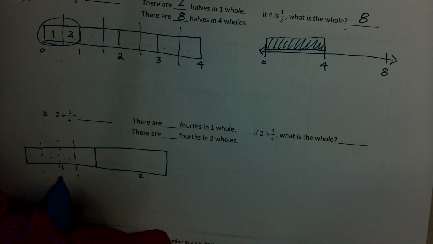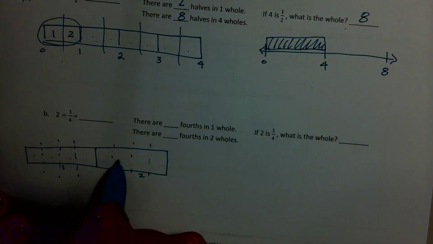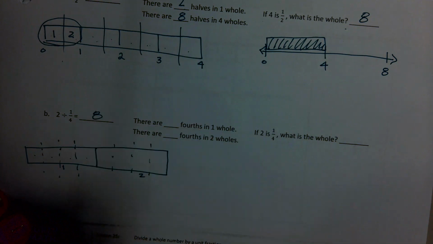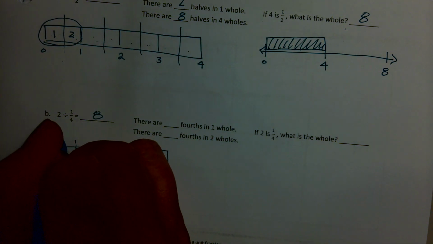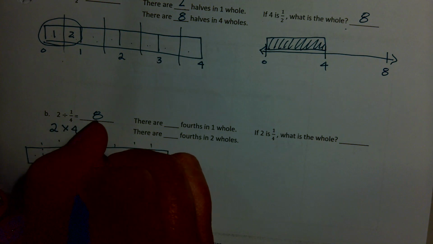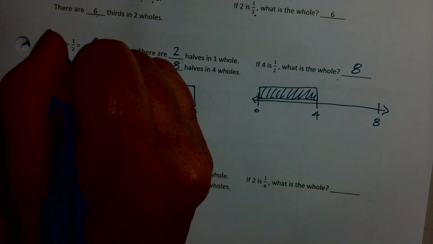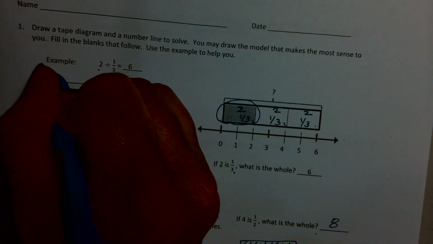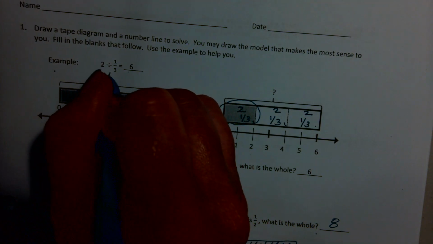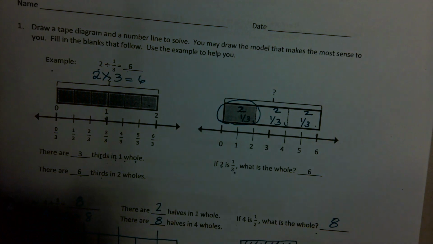So if there are 4 in each whole, how many are there in 2? 1, 2, 3, 4, 5, 6, 7, 8. Okay, this is the same as 2 times 4 equals 8. Up here, this is the same as 4 times 2 equals 8. Up here, this is the same as 2 times 3 equals 6.